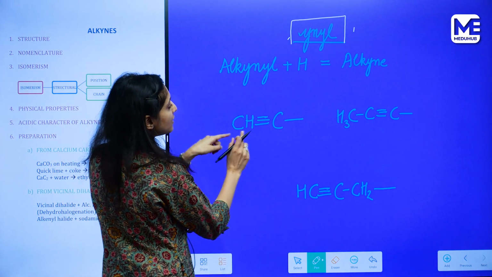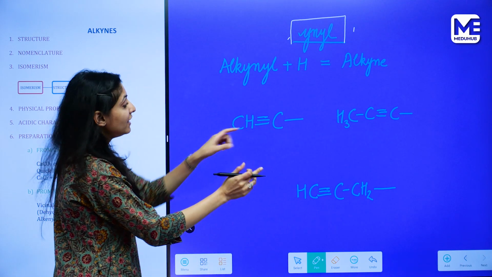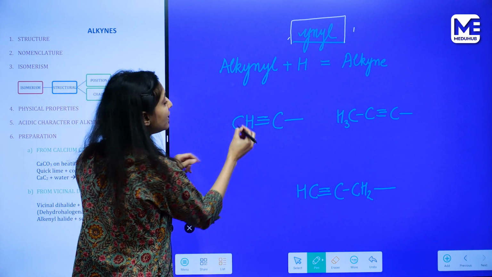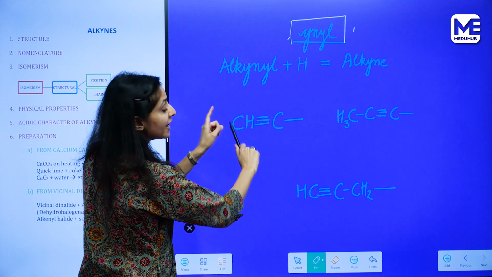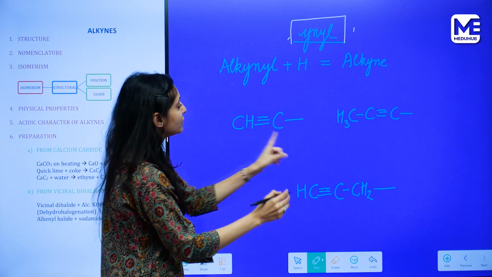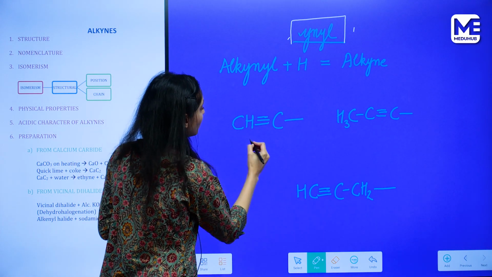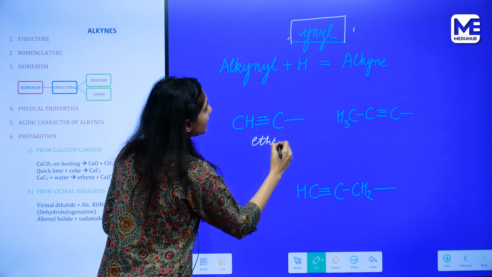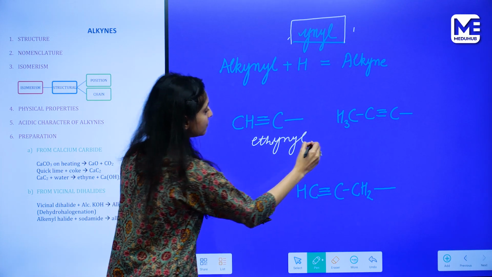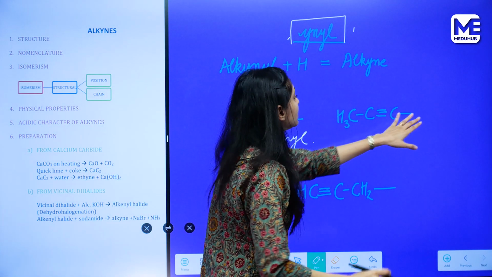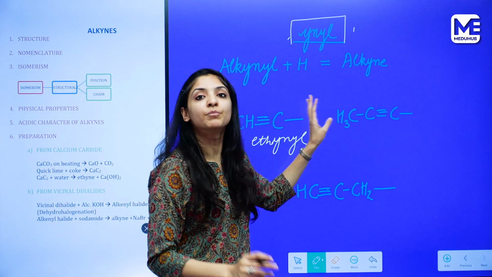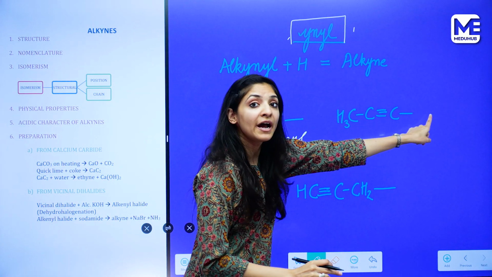Take this example. The parent alkyne of this one will be an ethyne molecule, CH≡CH. But if we remove a hydrogen, we will get this group which will be called an ethynyl group. Right? Here, the parent hydrocarbon is propyne, but we have removed the hydrogen from here.